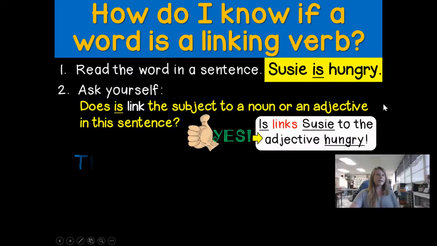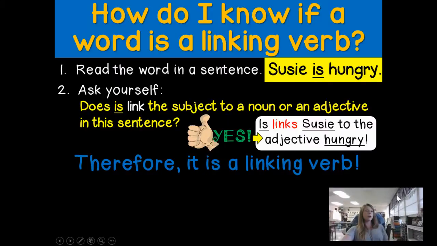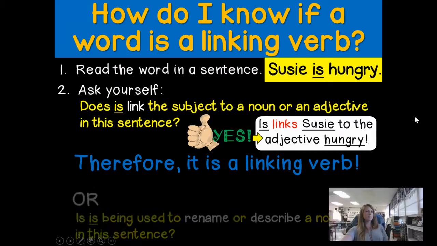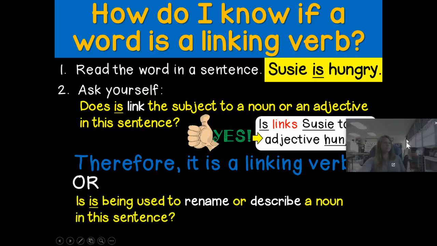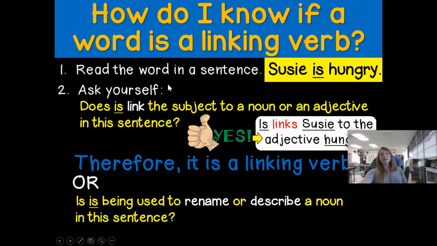Yes, it does. Therefore, is is a linking verb in this sentence. If it wasn't, we would ask ourselves, is it being used to rename or describe a noun in the sentence?